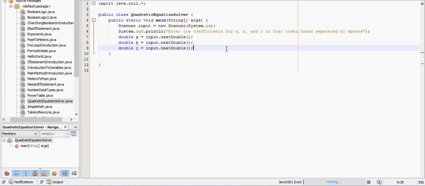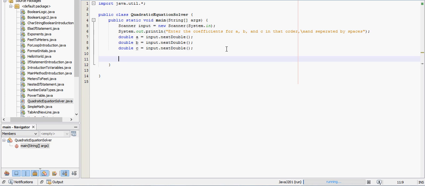So we now have our a, b, and c. So let's do the quadratic equation. First thing we need to do is solve the part under the square root, because if that's a negative number, then we will not have real roots.